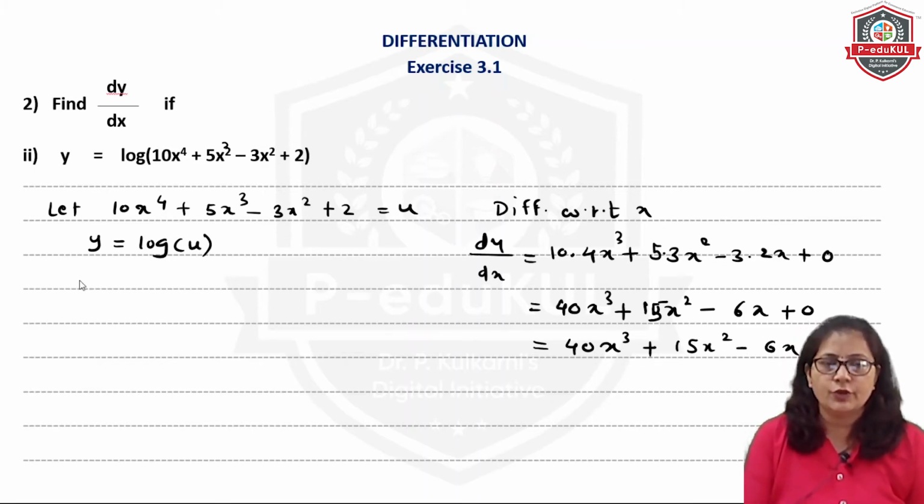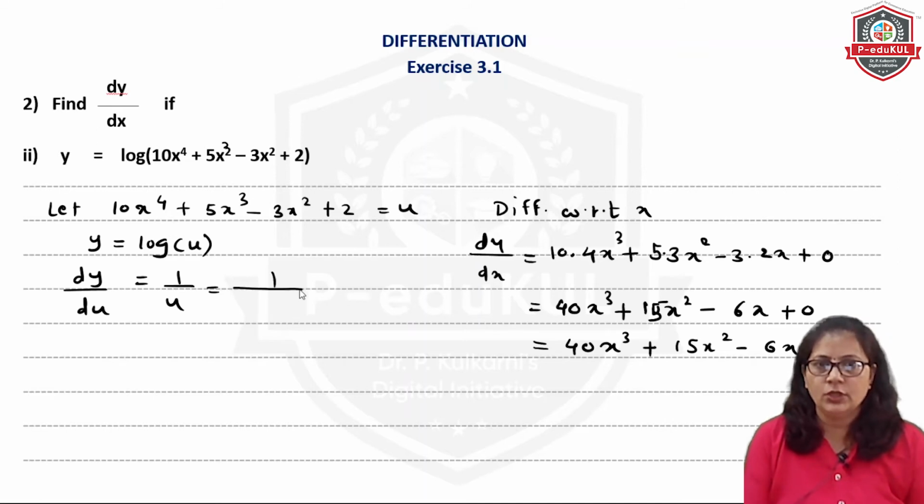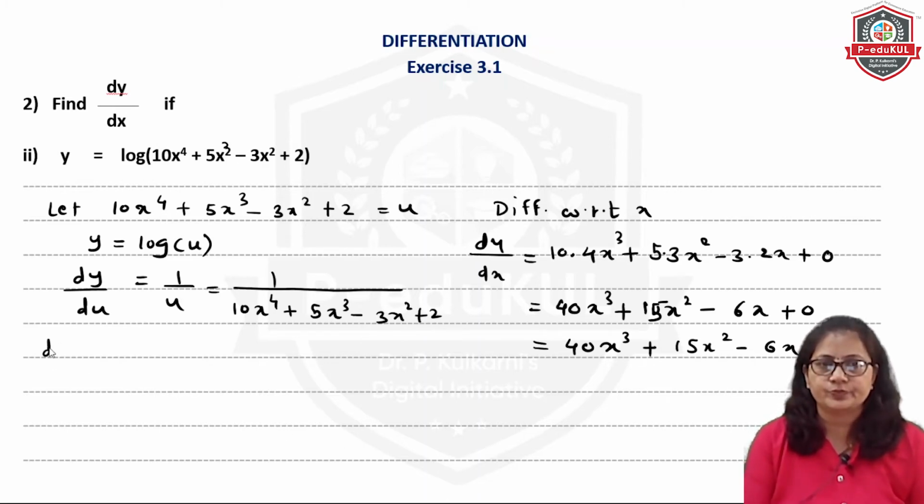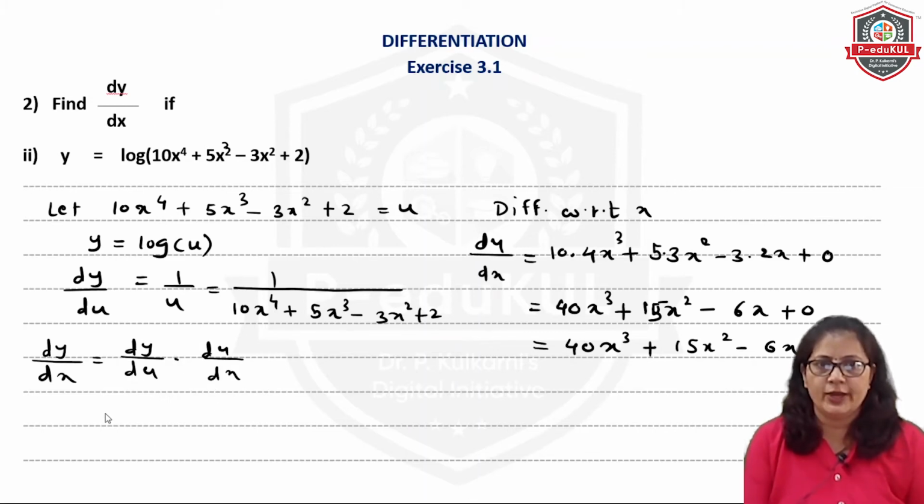And now here we have to differentiate with respect to u, and that will be 1 upon u, which is 1 upon this whole value as it is. This is the original bracket, 10x raised to 4 plus 5x cube minus 3x square plus 2. And now I'll put those values in that dy by dx. So now by chain rule, dy by dx is equal to dy by du into du by dx.